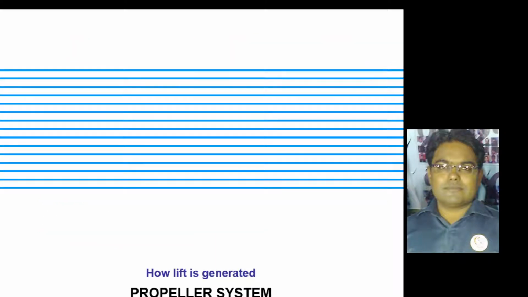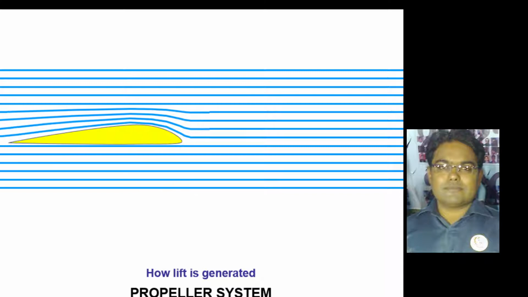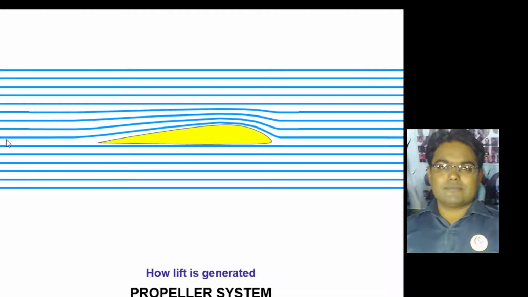How does lift generate on a basic airfoil? A basic airfoil, when it travels through the free stream flow regime, creates pressure disturbances. Due to the pressure disturbance, there will be an unsymmetrical pressure distribution generated around the airfoil.